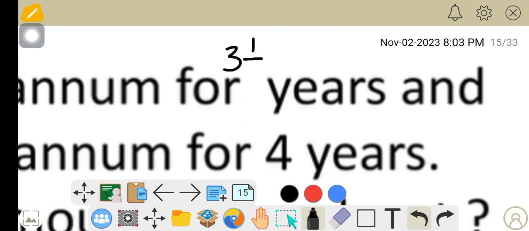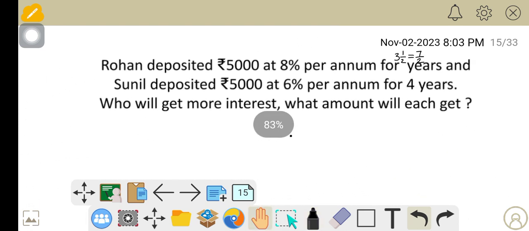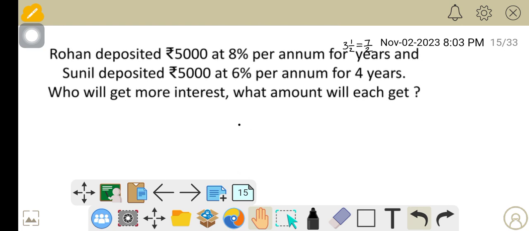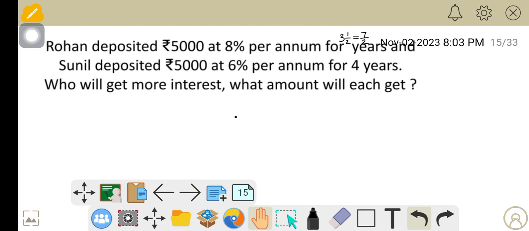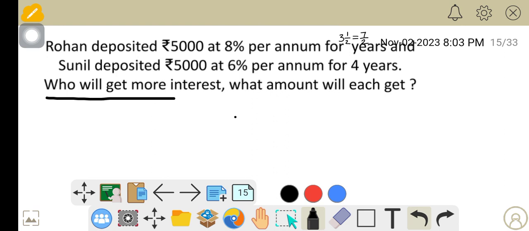Three 1 by 2 years, and it will be 7 by 2 years. So Rohan deposited 5000 at 8% per annum for 7 by 2 years, and Sunil deposited 5000 at 6% per annum for 4 years. And the question is, who will get more interest?